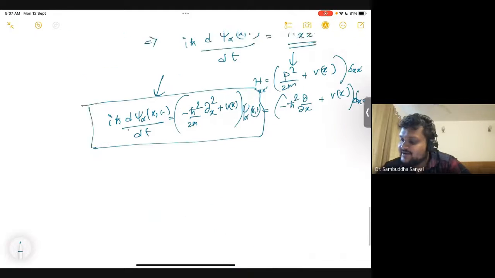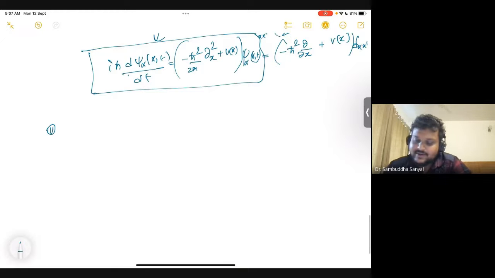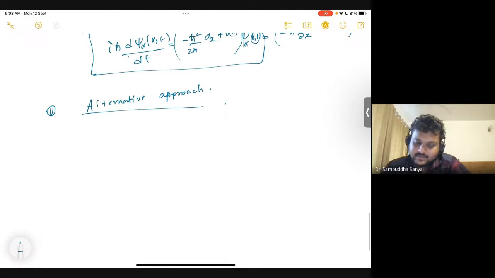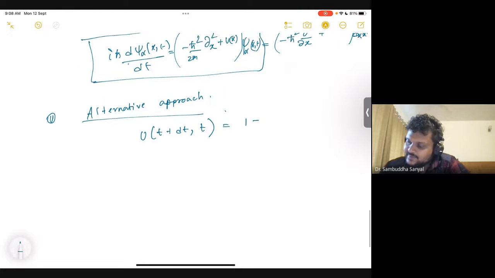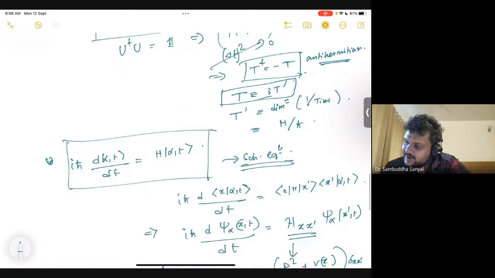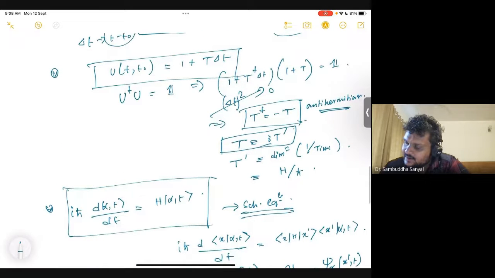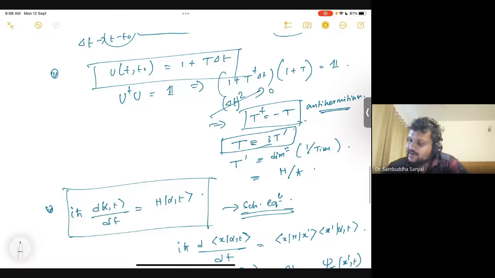Okay. Good. So now let me give an alternative way to get to the same conclusion. This is what you will find in Sakurai, an alternative approach. So U t plus dt, t is basically, oh, actually, I think I made a sign error.